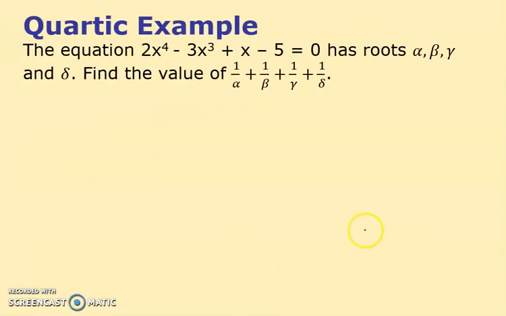Okay, next one. It's a quartic. So we've now got roots alpha, beta, gamma, and delta. Oh, interestingly, it hasn't asked us to find those things. I'm going to do it anyway. So what have we got? Well, first of all, I'm going to write up here A equals 2, x to the 4. Yep, so B equals minus 3. That's easy enough.